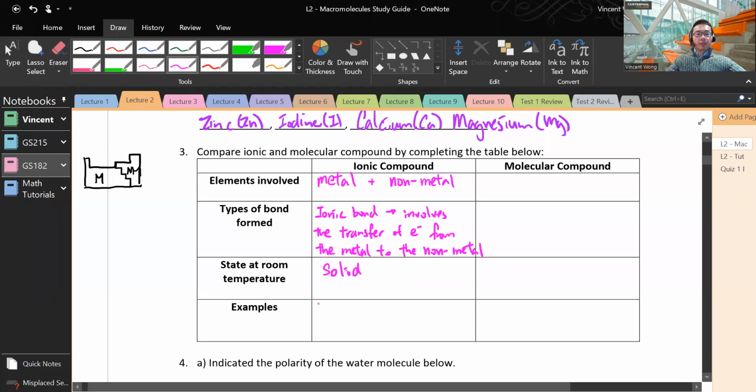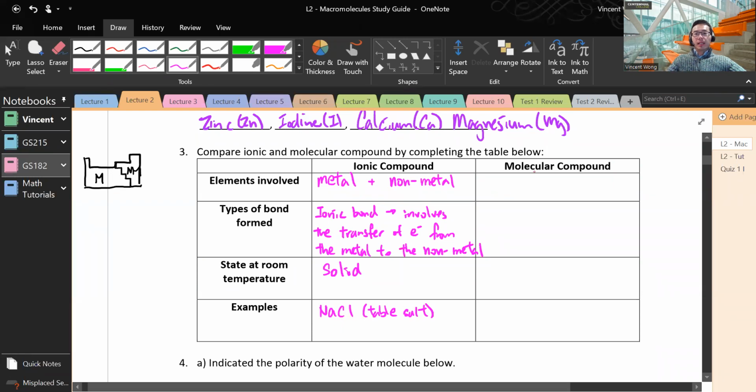Okay, so one example is NaCl. This is sodium chloride or table salt. So that is an ionic compound, the sodium being the metal and the chlorine being the non-metal.